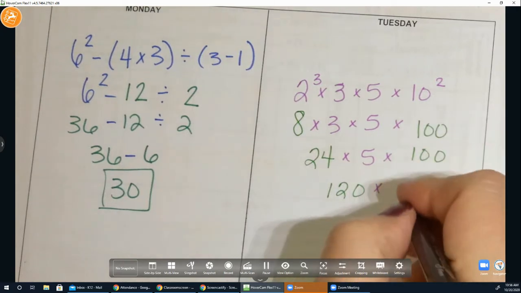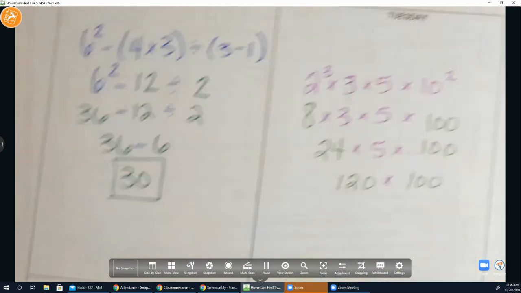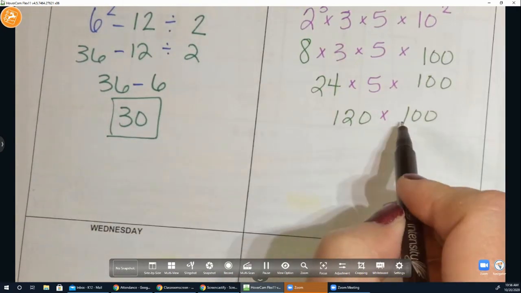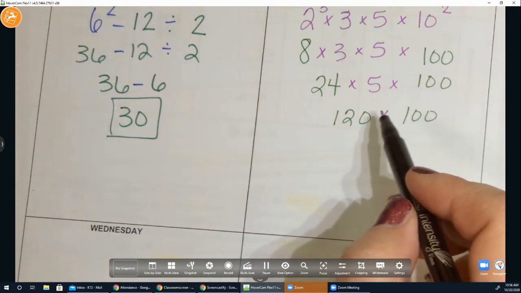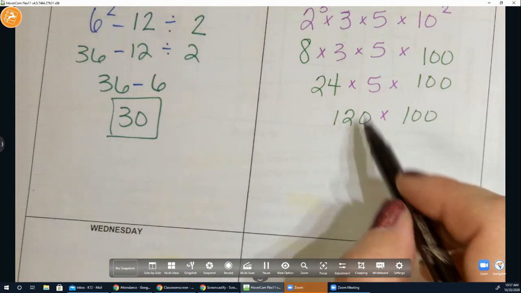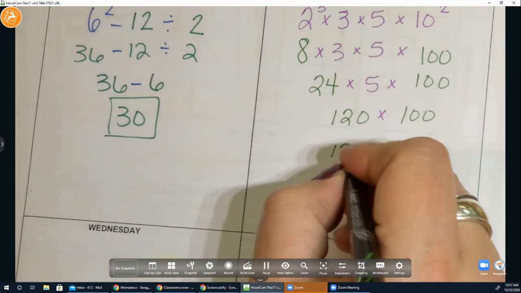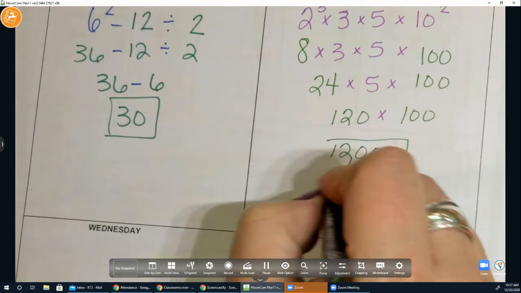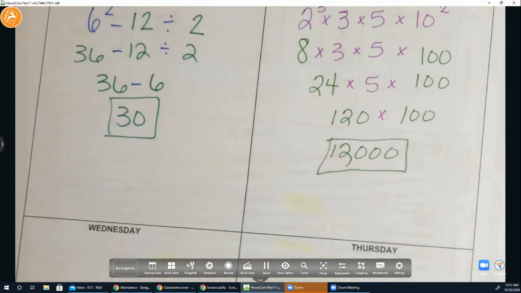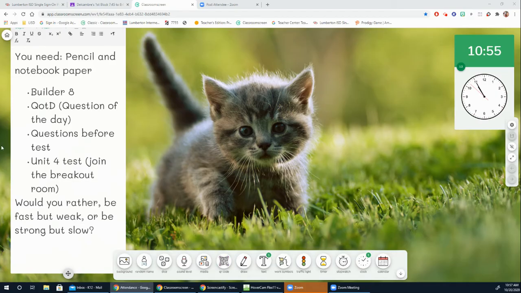And when I'm multiplying by hundreds, it's so easy because all I'm doing is adding zeros to it. So my answer will have 1, 2, 3 zeros. So 12 times 1 is 12. And then I'm having 3 zeros behind it. So my answer is 12,000. That answer is 12,000. So that is our question of the day.